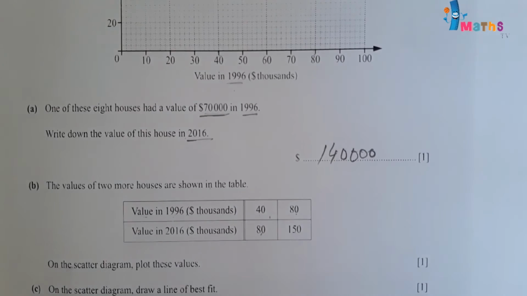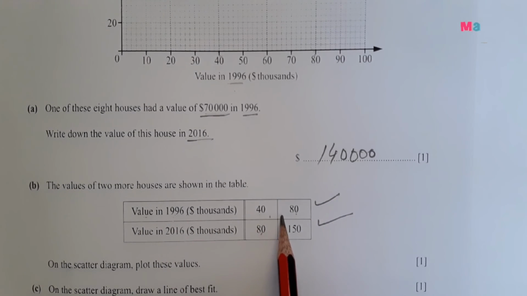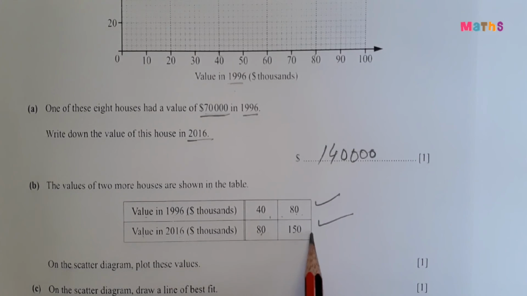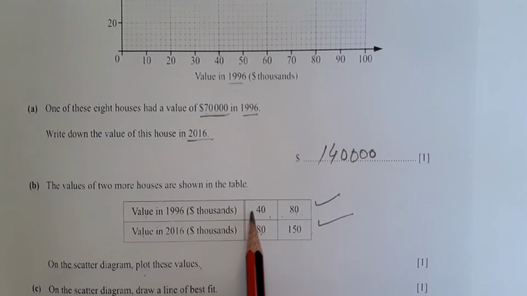Part B, the values of two more houses are shown in the table. In 1996, 40 and 80, and in 2016, 80 and 150. On the scatter diagram, plot these values.